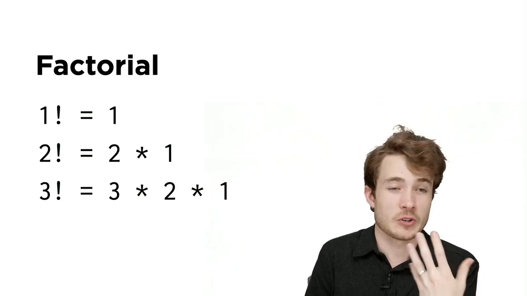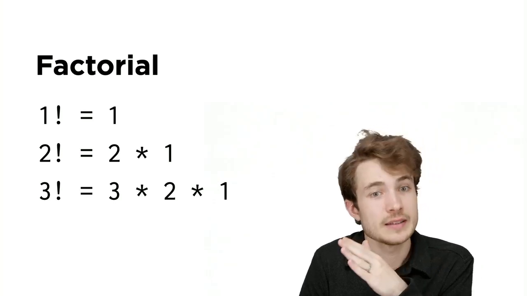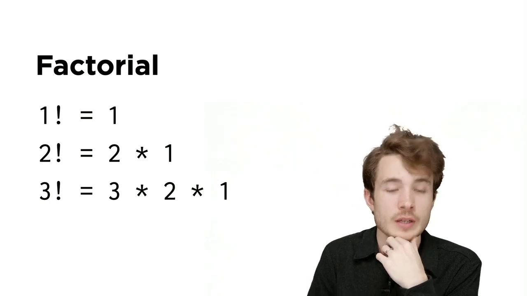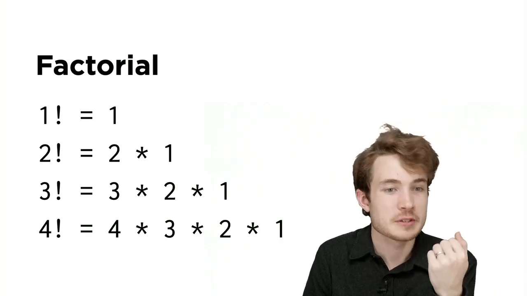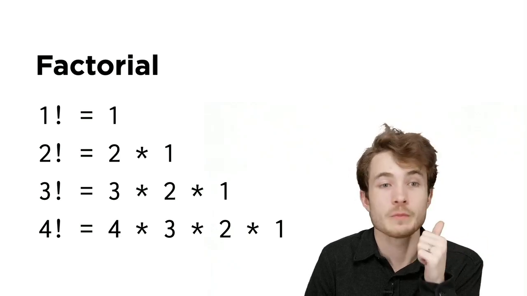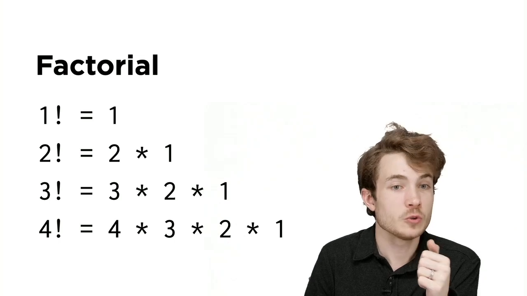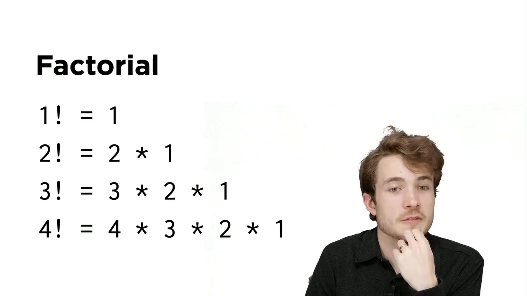So again, start with that number, 3, multiply it by the number 1 less than it, then again. So 3 times 2 times 1. And now 4 factorial, what do you think that will be? Well, 4 times 3 times 2 times 1. So in this case, 1 factorial is 1, 2 factorial is 2, 3 factorial is 6, and 4 factorial is 24 in the end.